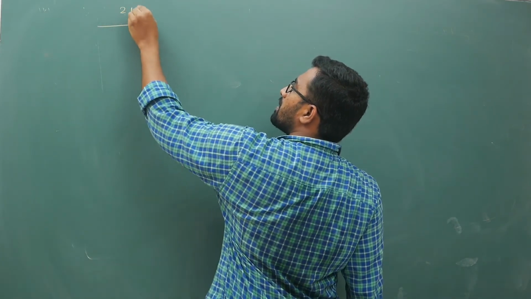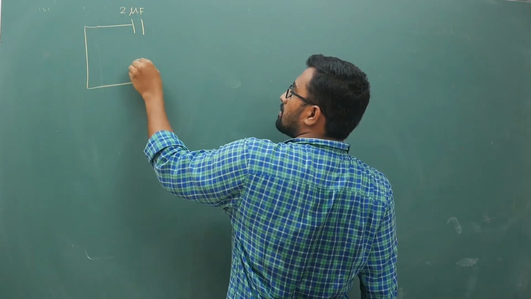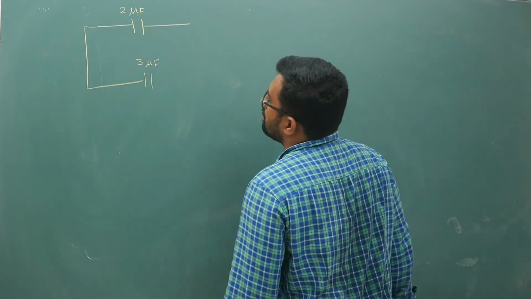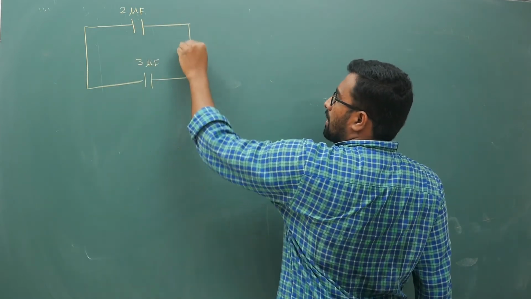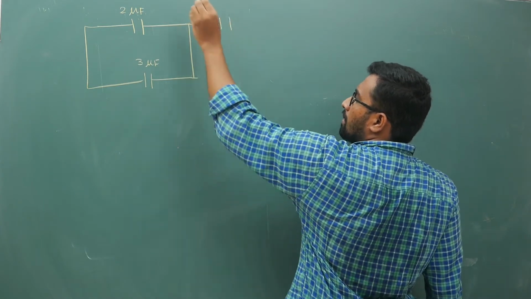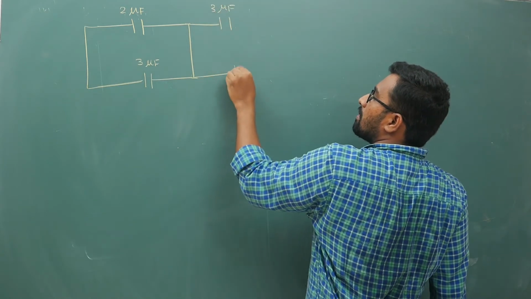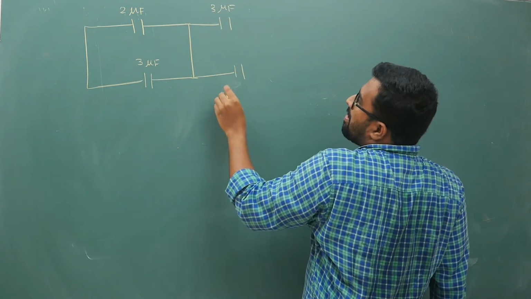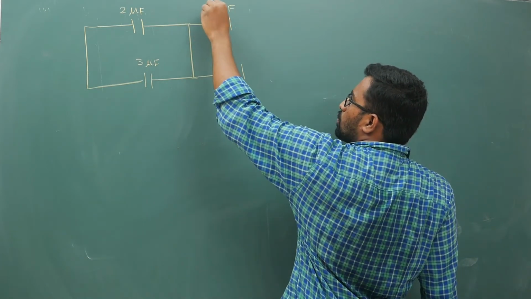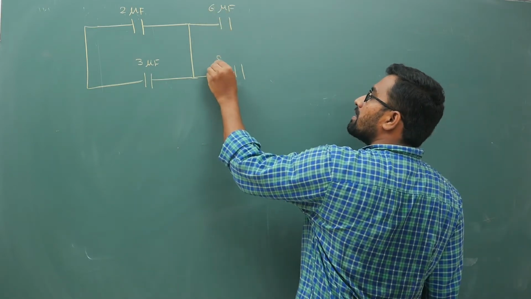This is 2 microfarad. It is 3 microfarad. Then I have a switch, it is closed. Now this is 3 microfarad. Now it is by same numbers 2 and 6, and this will become 8.